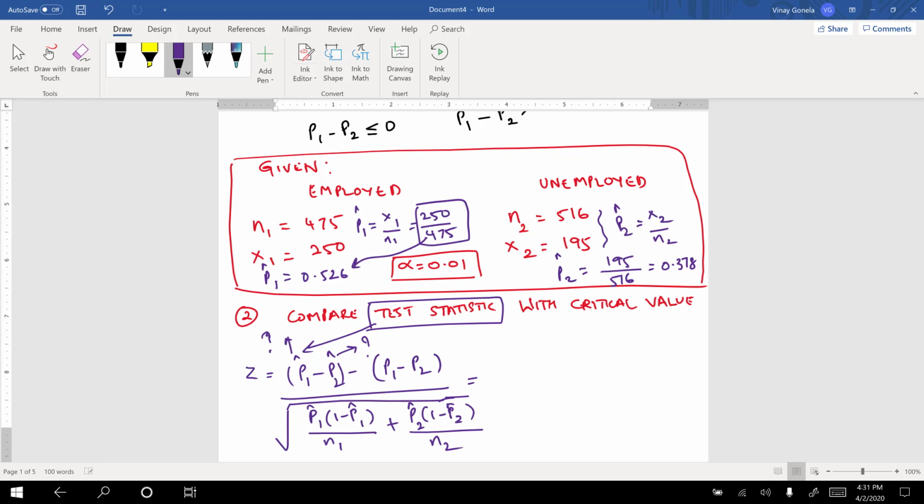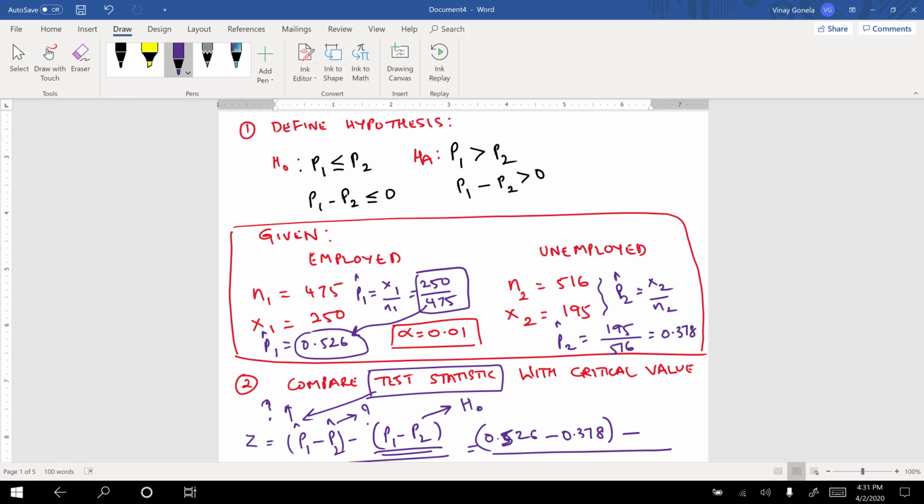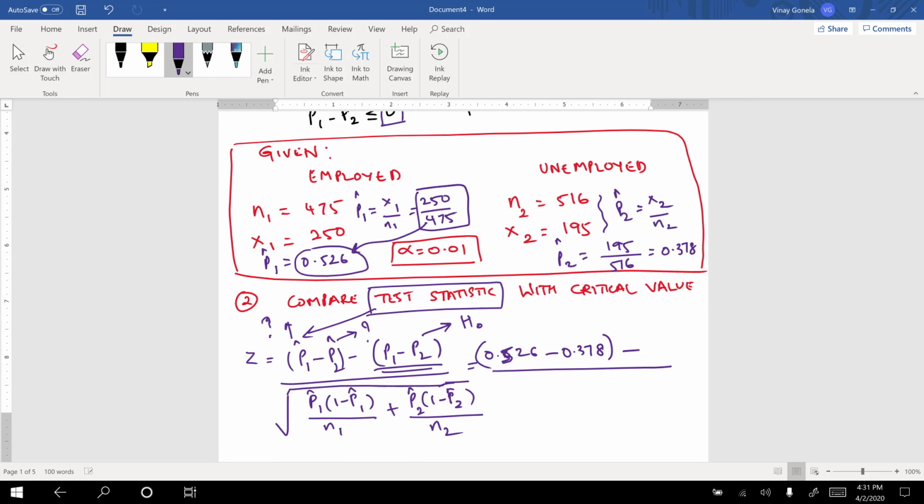So I will substitute those values. P1 hat is 0.526, minus 0.378 which is P2 hat. Then minus P1 minus P2, the value will be obtained from the null hypothesis. So P1 minus P2 is 0, so we will put 0 here.